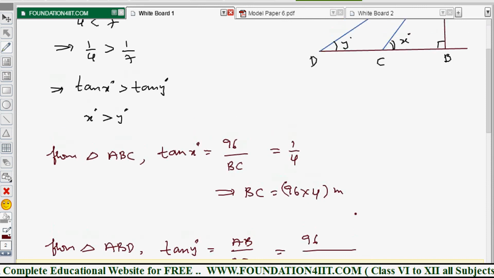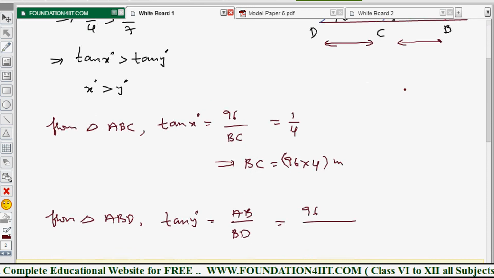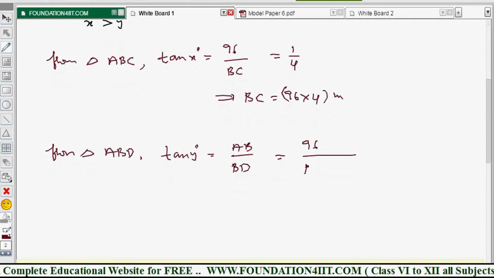BD is DC plus CB, these two together. DC plus the BC value, which is 96 into 4, and the tan y value is 1 by 7. This we will simplify now.